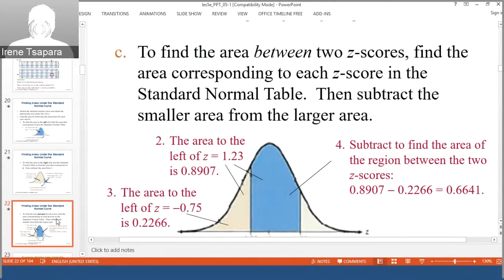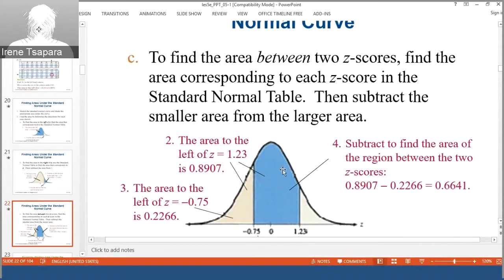And what happens if I want to find the area between two z-scores? Well, again, I use the z-score table and I calculate to the left of the leftmost and to the left of the rightmost. The rightmost is 1.23. I calculate this, that is 0.8907.